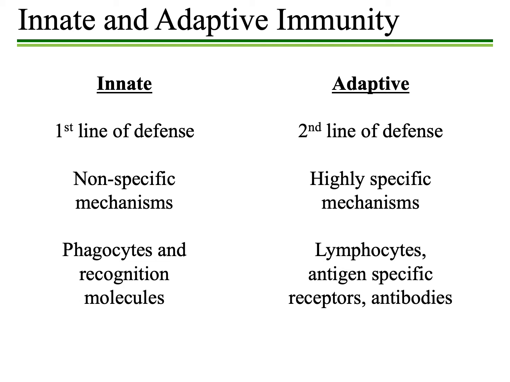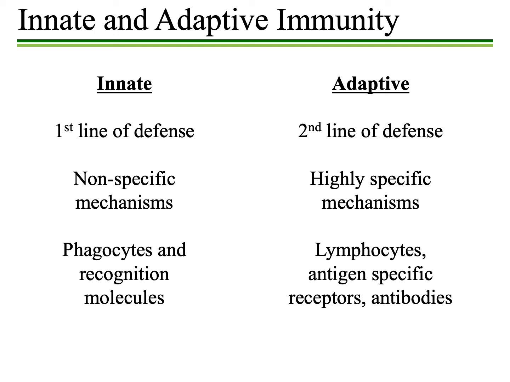With the adaptive immune response, we have the second line of defense. There are highly specific mechanisms involved, and there is the detection of very minor differences in molecular structures that allow for species-specific identification in the adaptive immune response. The cell types that are mainly involved in the adaptive immune response are lymphocytes.